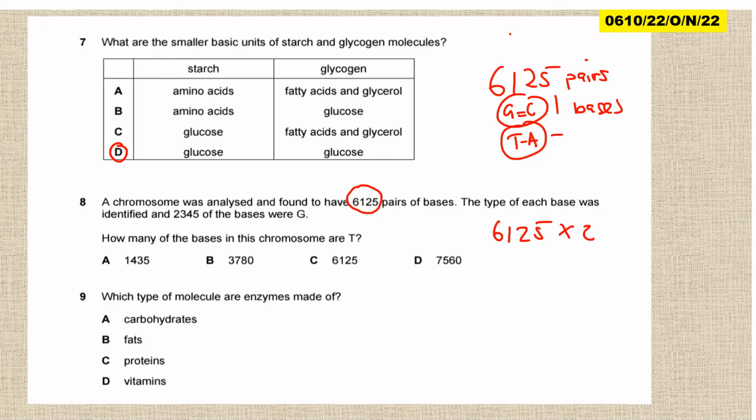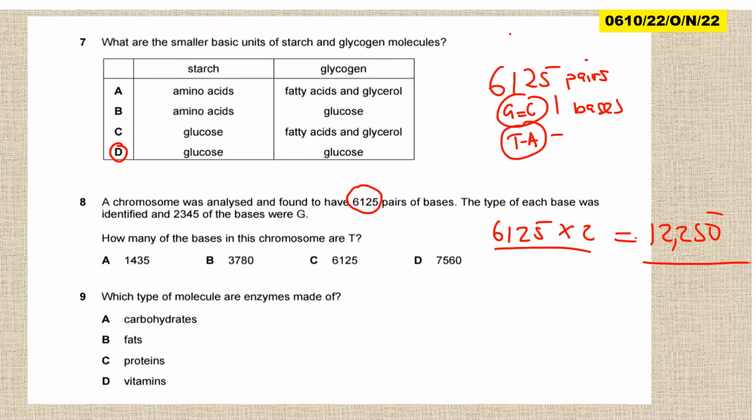So these are pairs, but to find the total number of bases you multiply by 2. So 6,125 multiplied by 2 is giving me 12,250. This is the total number of bases.